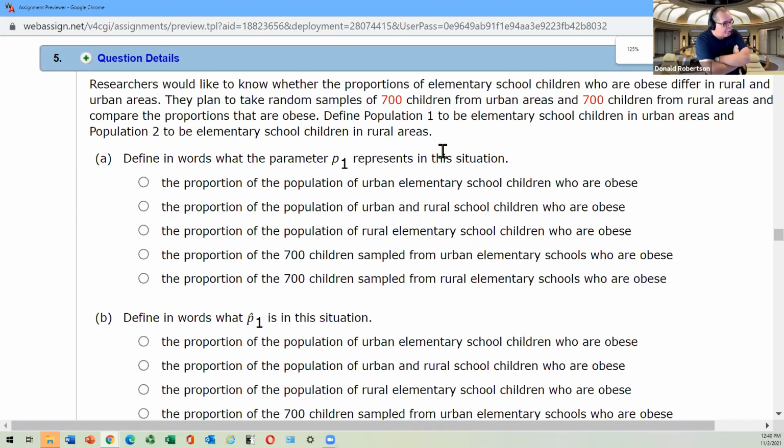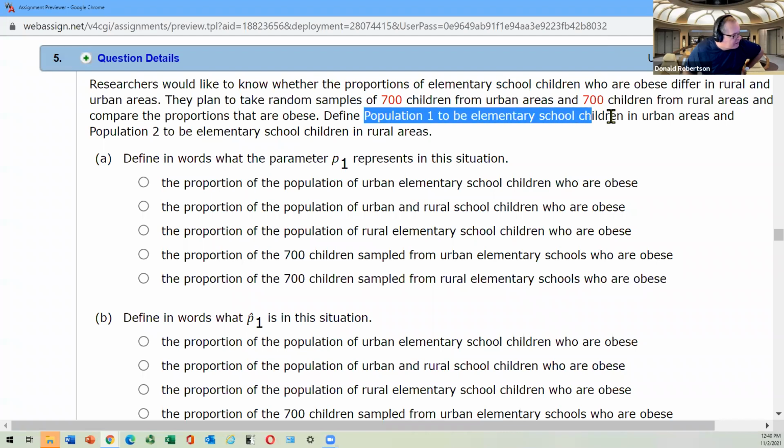And we're going to define population 1 as elementary school children, essentially in cities, and population 2 is elementary school children in rural areas, right?